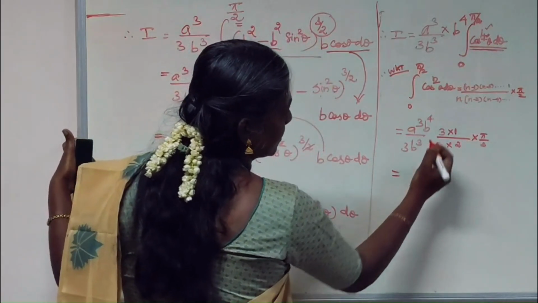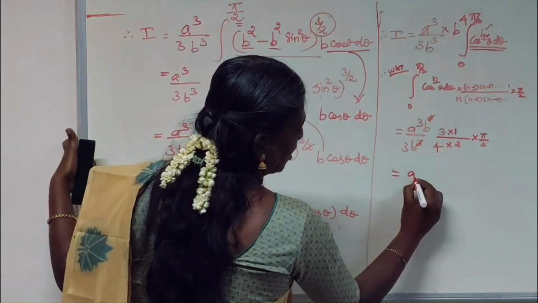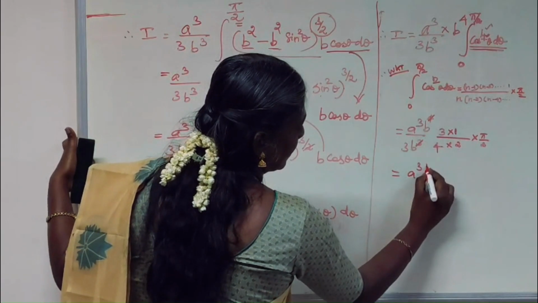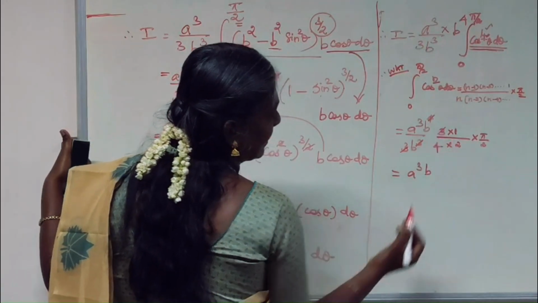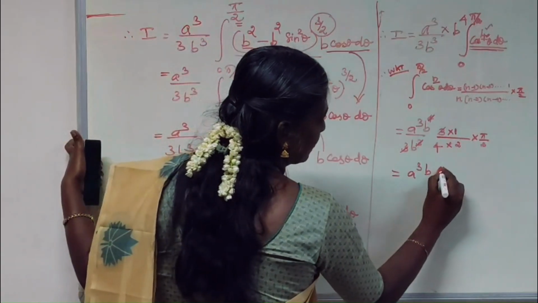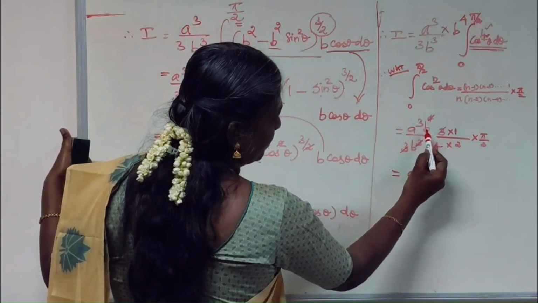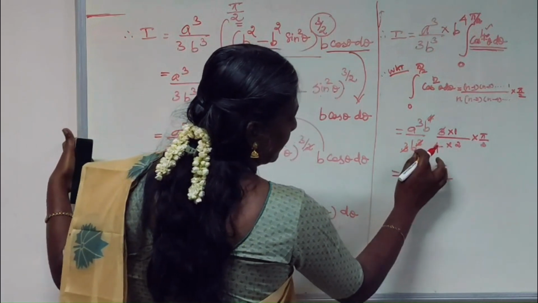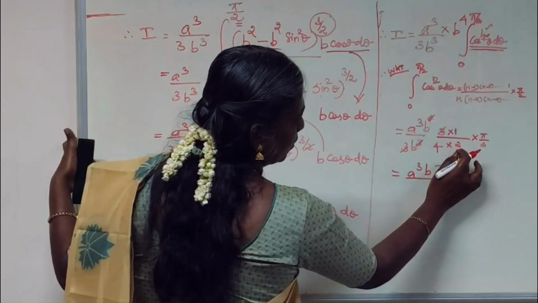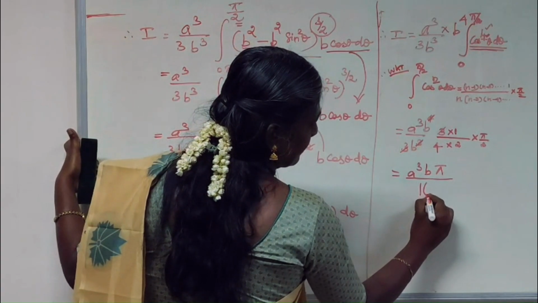So what we get? B power 4 by b cube, so simply we have a cube b. Here the 3 and 3 get cancelled, and in the numerator we have 1 pi, a cube b, divided by 4 2s are 8, 8 2s are 16.